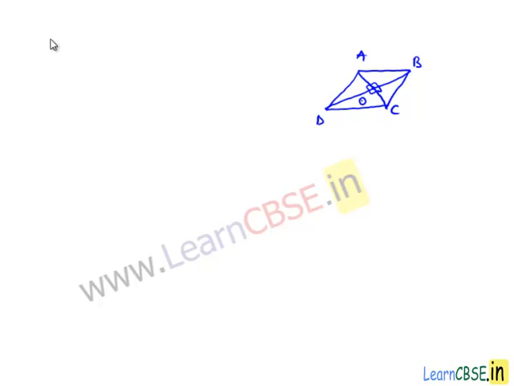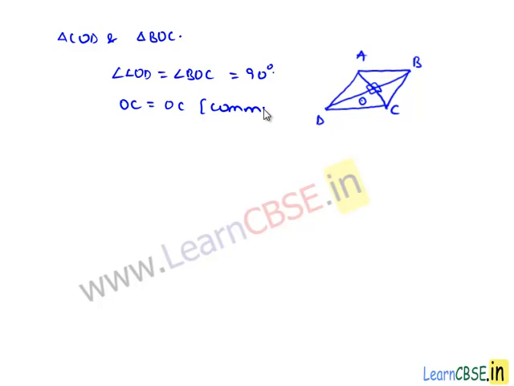Now let us consider triangle COD and triangle BOC. In this, angle COD is equal to angle BOC is equal to 90 degrees, and OC is equal to OC since it is a common side for both the triangles, and BO will be equal to DO as AC bisects BD perpendicularly.